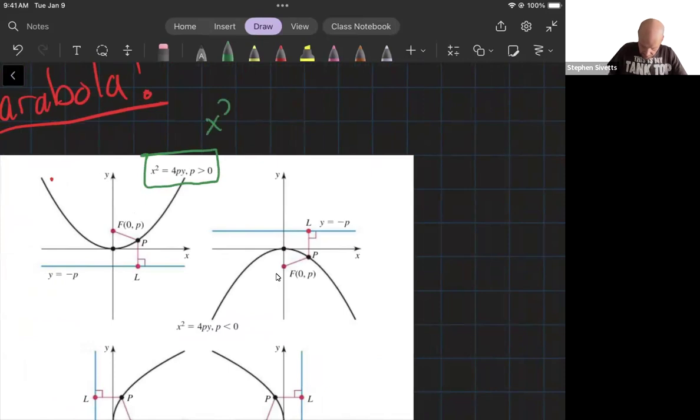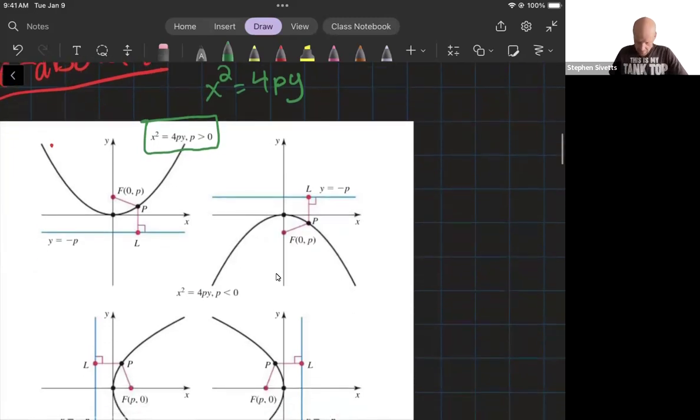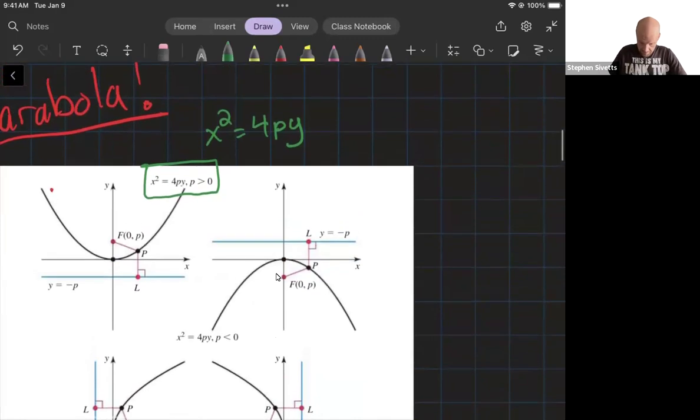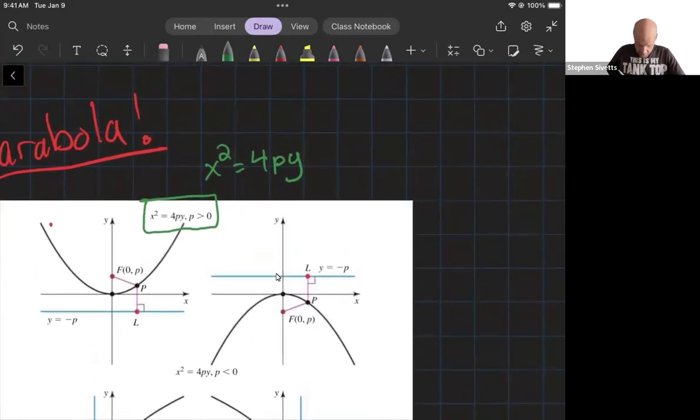The x is squared, so equals 4 times p times y. And I should also point out that the center of these parabolas will be at the origin, right? The center being the vertex, right? The vertex of the parabola is at the origin, 0, 0.